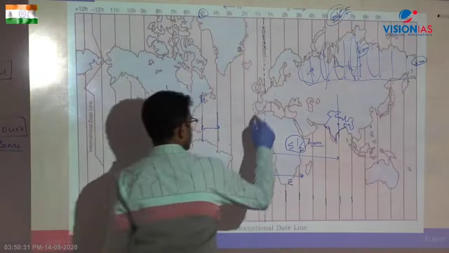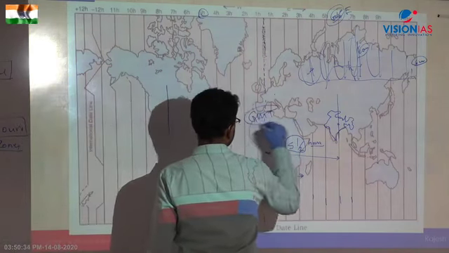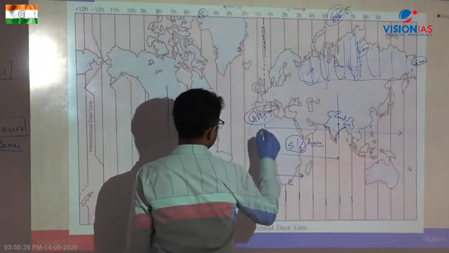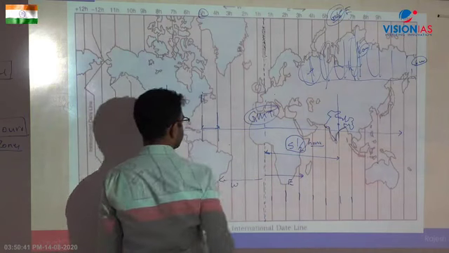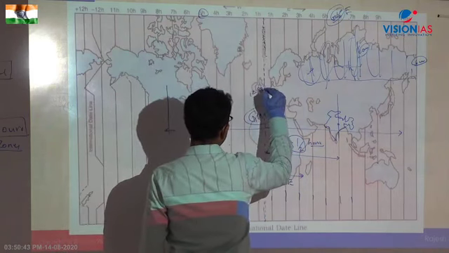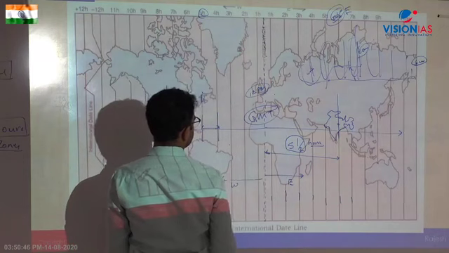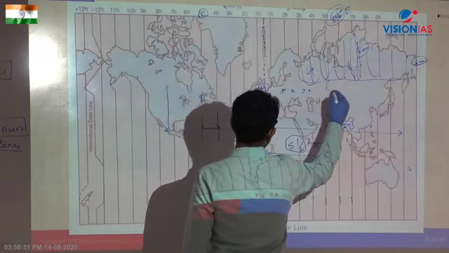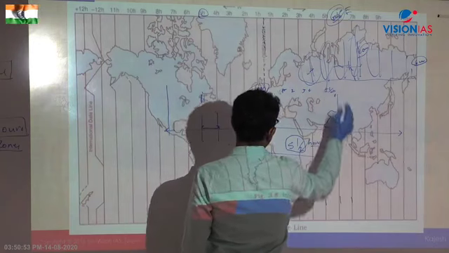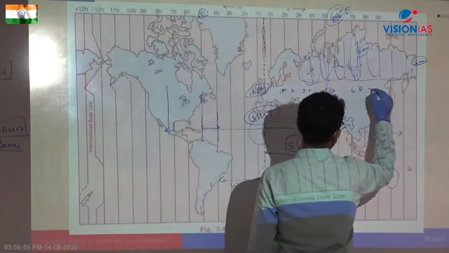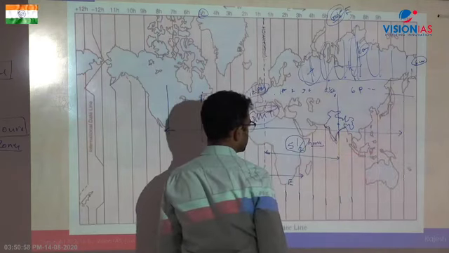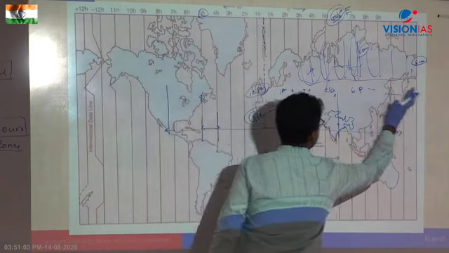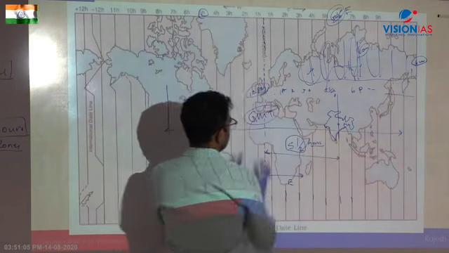So from Greenwich Mean Time, GMT, the time will increase towards the east and decrease towards the west. Suppose it is 12 p.m. here, it would be 1 p.m., 2 p.m., 3 p.m., 4 p.m., 5:30 p.m. at India, 6 p.m., 7 p.m., 8 p.m. It starts to increase, because if it is 12 noon here, the sun has already passed from here to here, right?